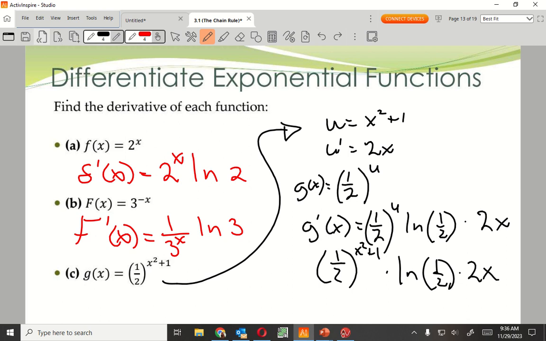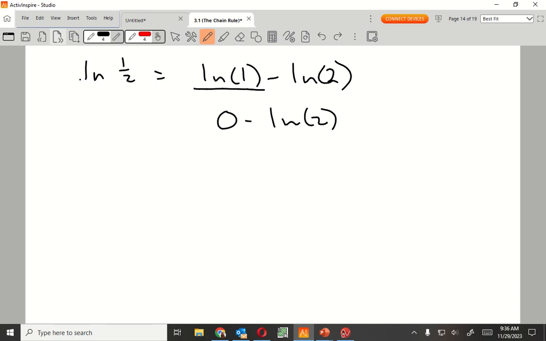There's a whole bunch of stuff you could actually do to keep rewriting this as different things. Anyway, but when you're looking in the back of the book, they separate it so you could actually have different parts to it.